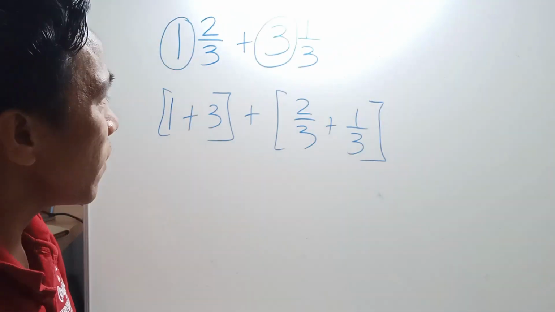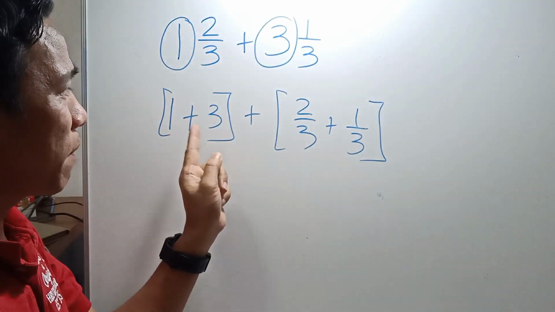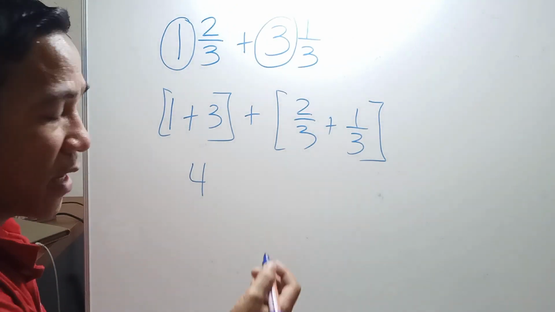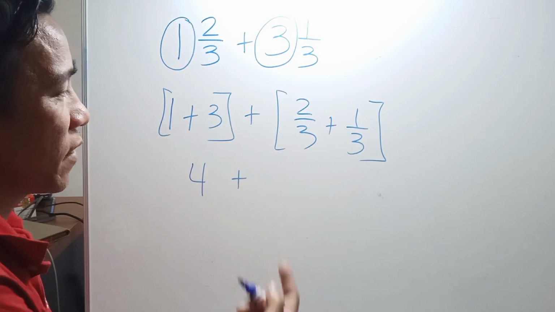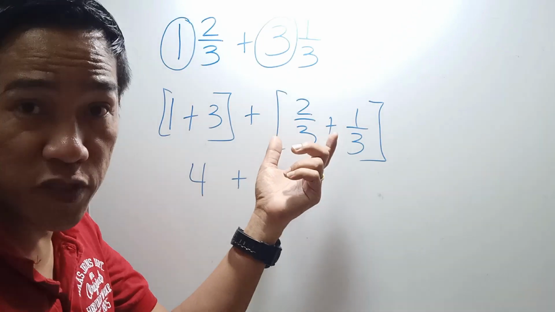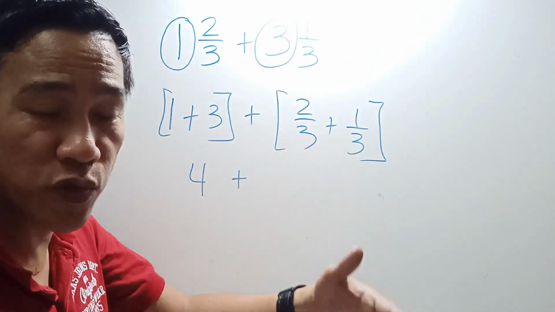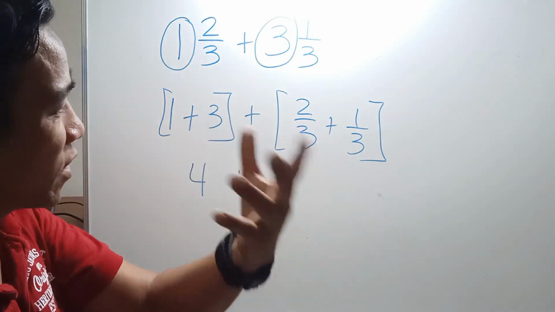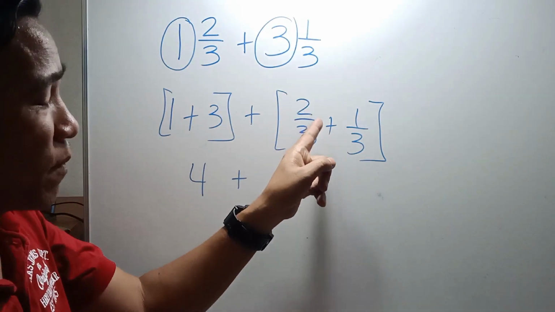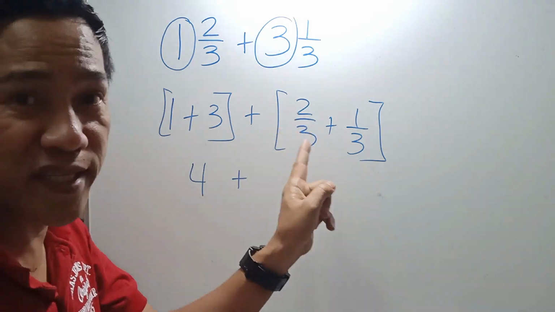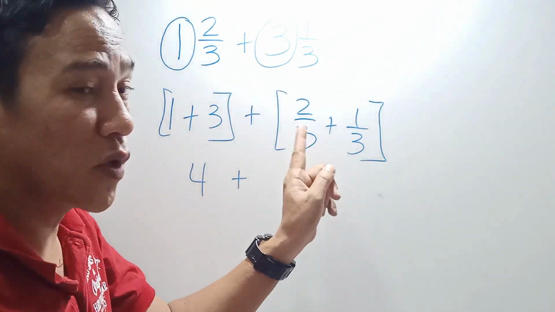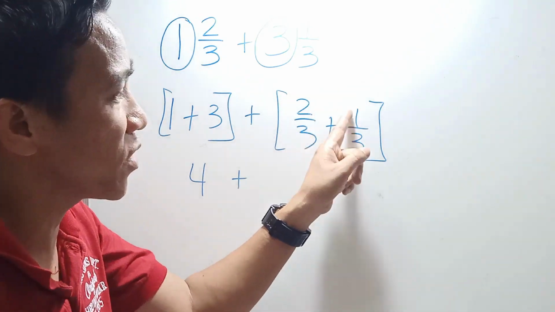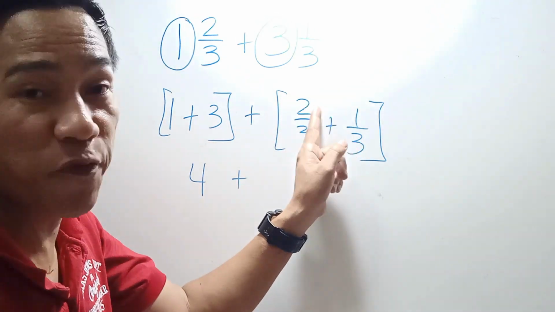Now, what is 1 plus 3? So 1 plus 3 is 4. And then plus. In my last two previous videos, on adding fractions with the same denominator, we just simply add the numerators, the numbers on top of the fractions.